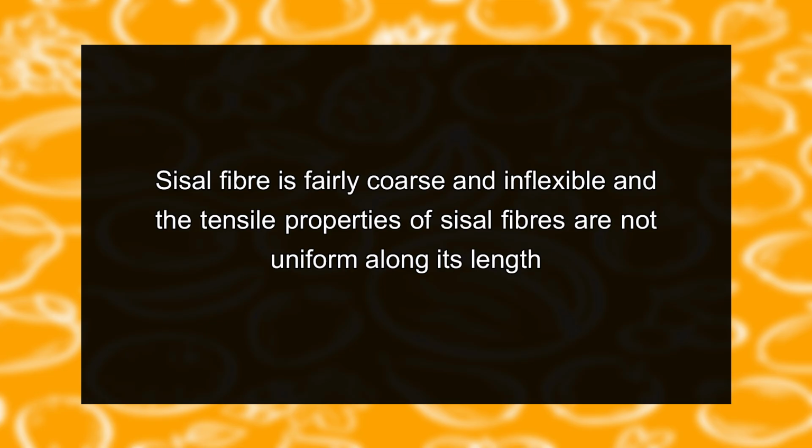Sisal fiber is fairly coarse and inflexible, and the tensile properties of sisal fibers are not uniform along its length. The lower grade fiber is processed by the paper industry because of its high content of cellulose and hemicelluloses.